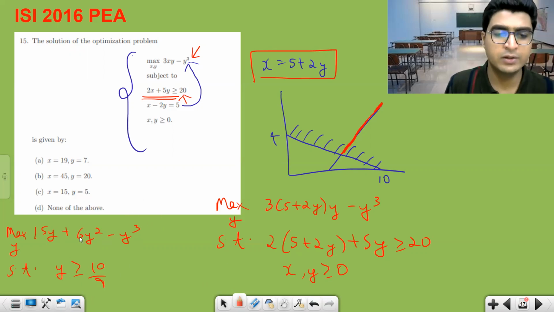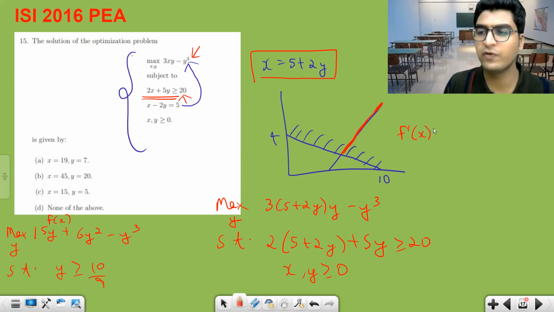So what I can do is simply differentiate it with respect to y, and check whether the point I get satisfies this constraint or not. Let me call the function f of y. So f dash will be equal to 15 plus 12y minus 3y square. I will equate it to 0.